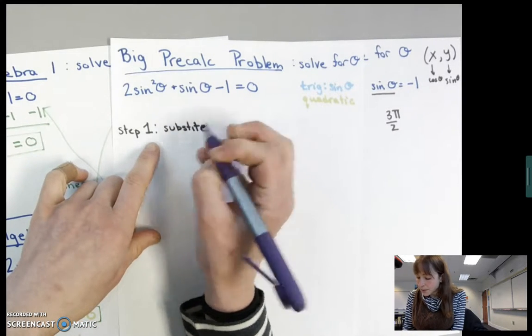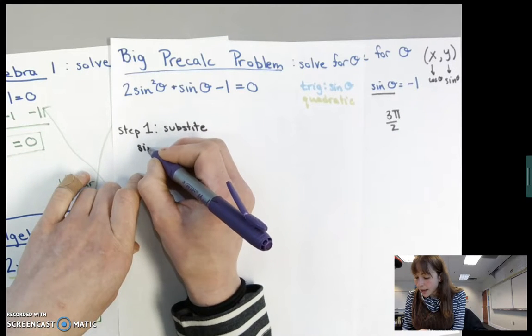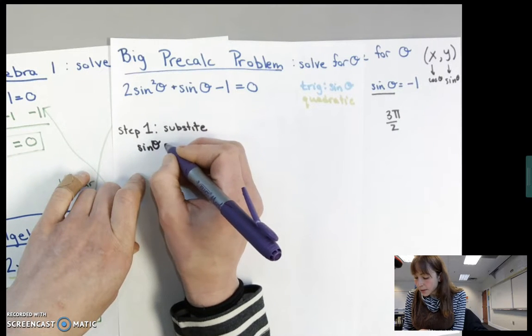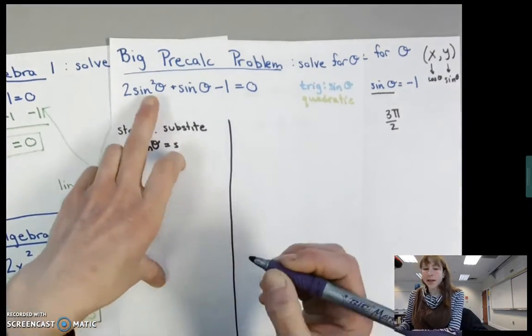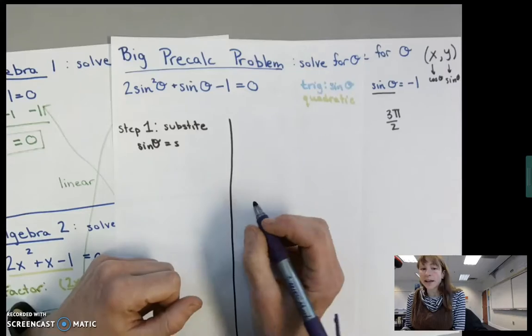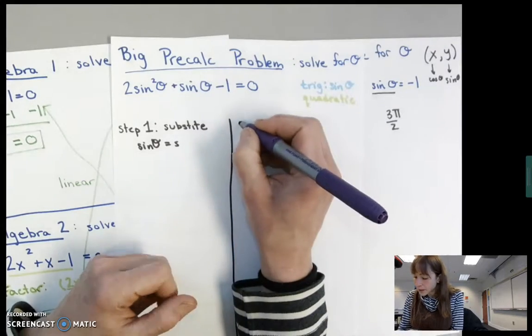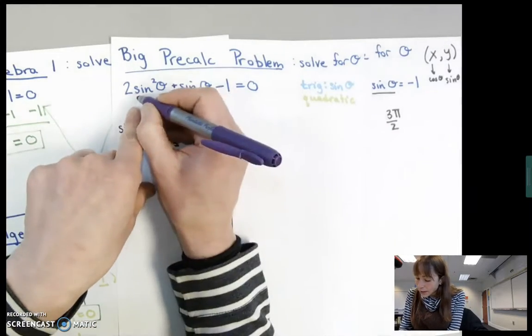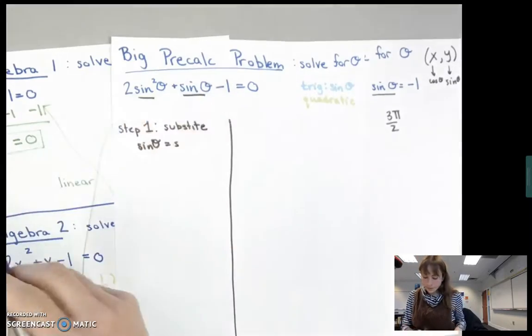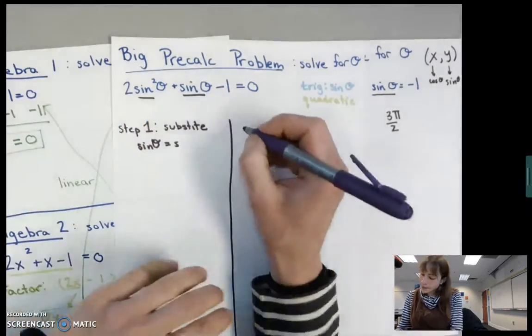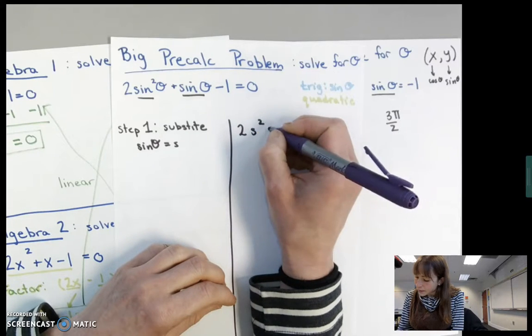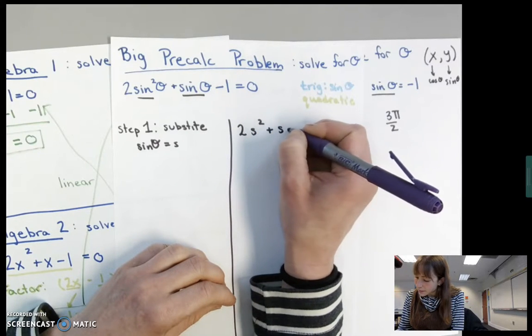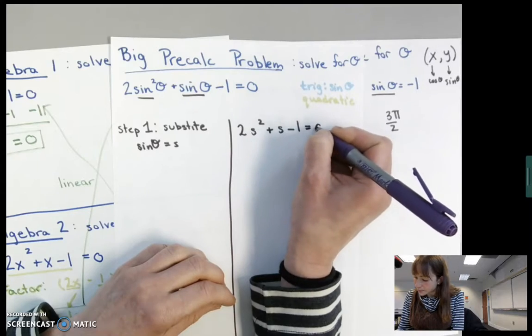And what I'm going to substitute is I'm going to turn sine of theta into an s. I'm using s just so that I remember that it's taking the place of sine. I could use x if I wanted to. So instead of the sine theta here and here, I'm going to use s. So now I have 2 s squared plus s minus 1 equals 0.